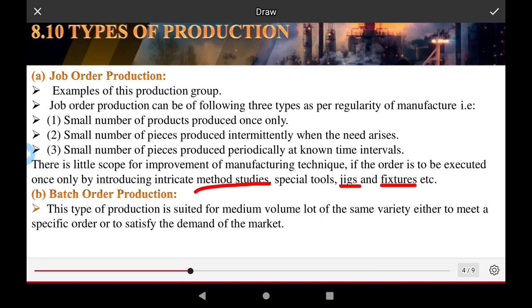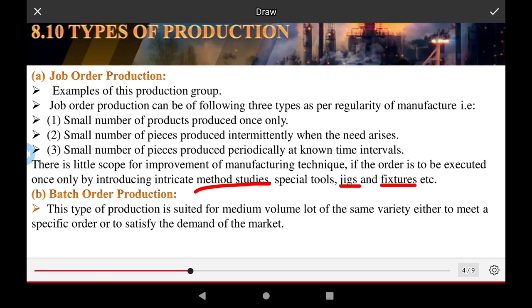The batch order production is the type of production suited for medium volume, neither large nor small orders of the batch, with medium size of product lots and some variety, either to meet a specific order or to satisfy the demand of the market.